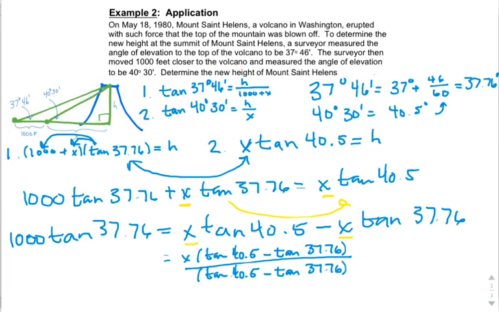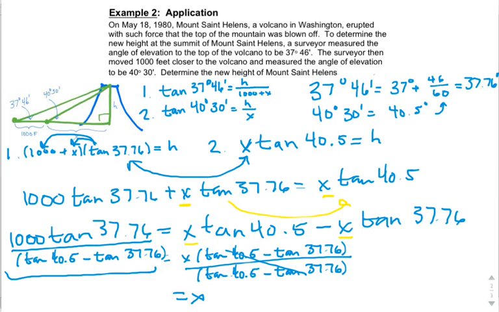And what we see in this case is that they're really equal to one another here, so this is going to cancel out, leaving me with just x. I'm going to take all of this and type it into my calculator. That will give me the value for x, and we'll have to go back in and plug x into one of the two equations we started with to find out what my h is going to be.